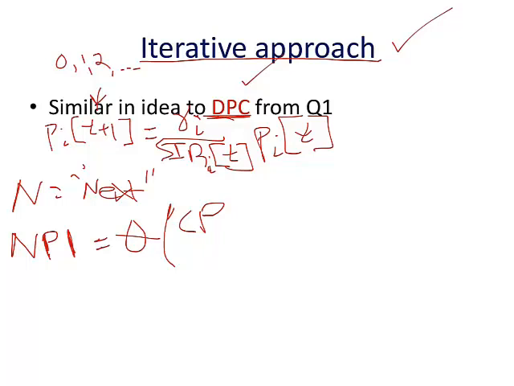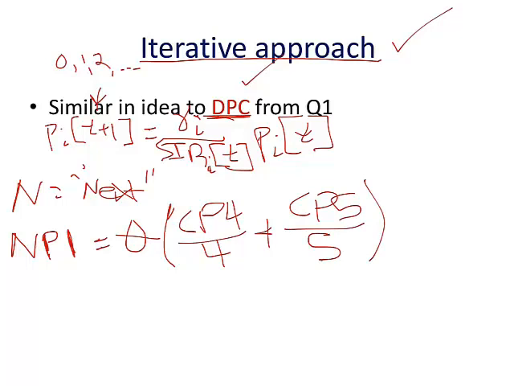So it's the current PageRank of node 4 divided by 4 plus the current PageRank of node 5 divided by 5 plus 1/5 times 1 minus theta. So rather than solving algebraically, we can just keep iterating through these equations to solve for the power levels accordingly.